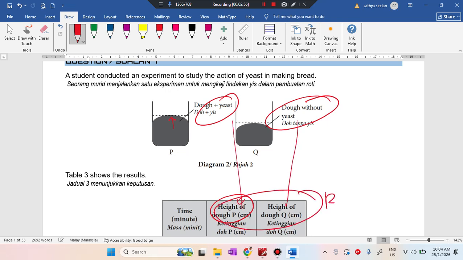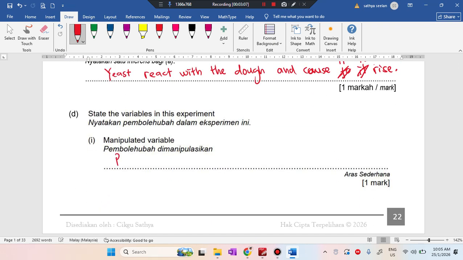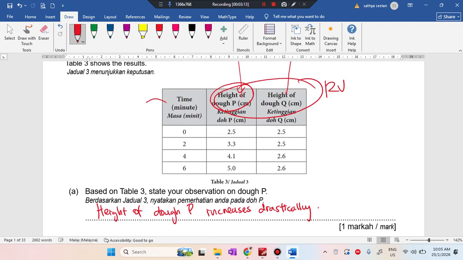So this is the responding variable. What we change, it is here. Okay, presence of yeast. One has it, one doesn't, we call it presence. Very confusing to see which one is manipulated. Normally in the table, people will take this as a manipulated variable, but in this case, it is not.